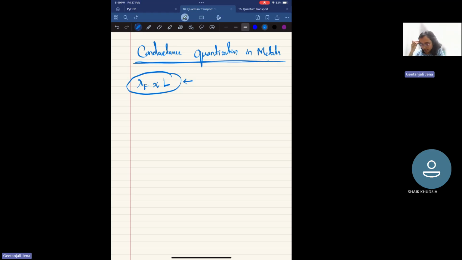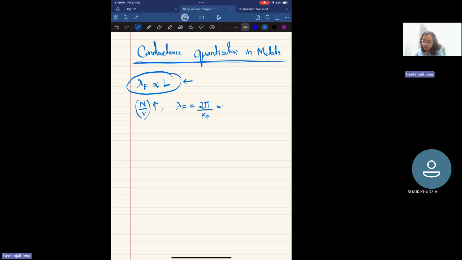But one thing is that for metal, if we recall, the charge density N by V is very, very high. And for lambda F, you can write lambda F as 2 pi by kF.